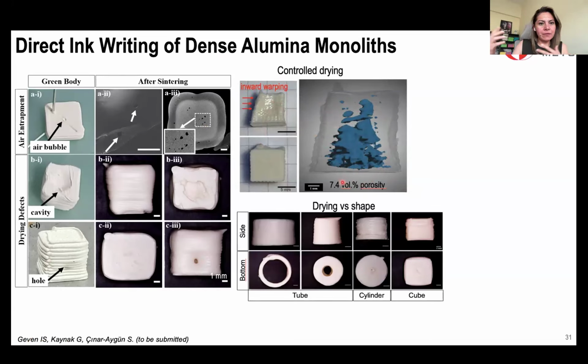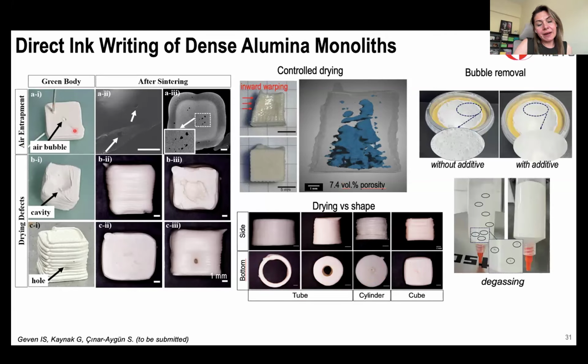If this is a drying effect, we thought that with much finer features, if we allow the water to go through the side walls, with more porous structures, they will be easier to dry. And that's what we found. If you look here, those thinner walls do not show any drying defects, but as we go through the infill structure, we start to see drying defects again.